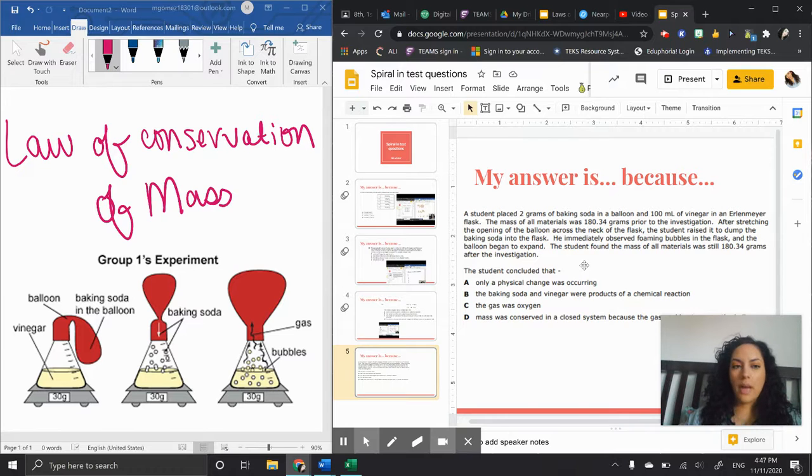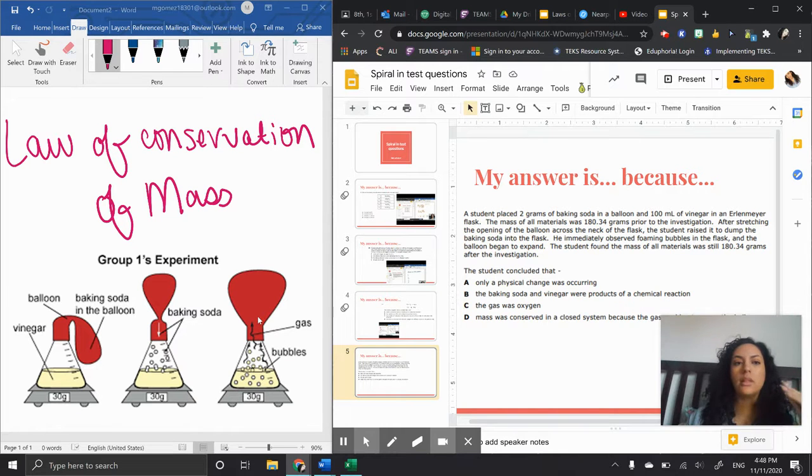Again, go back to the law of conservation of mass. And here, the only difference between the previous bell ringer that we've had is that they are specifically saying, hey, the mass prior to the experiment is the same as the mass after the experiment.